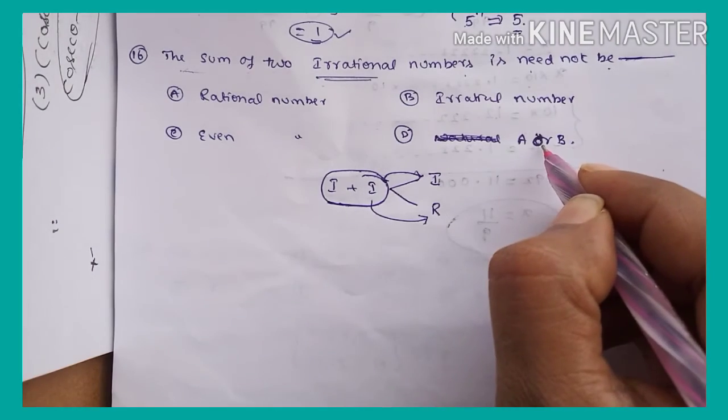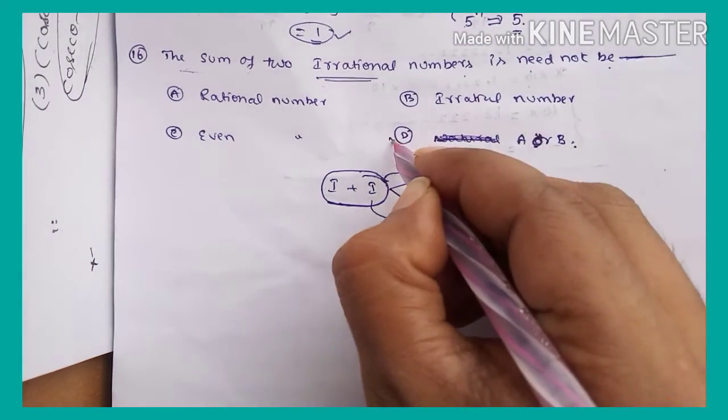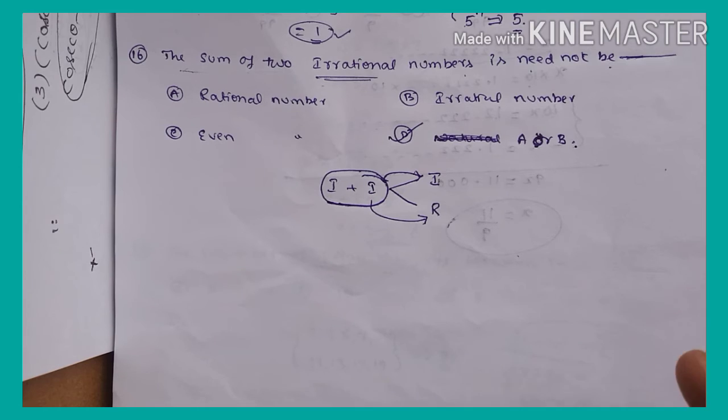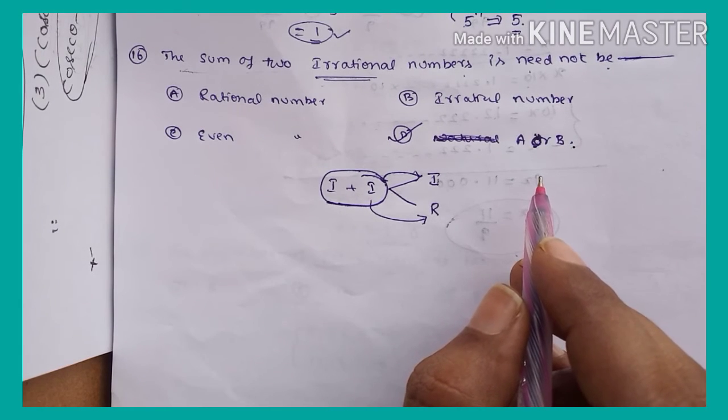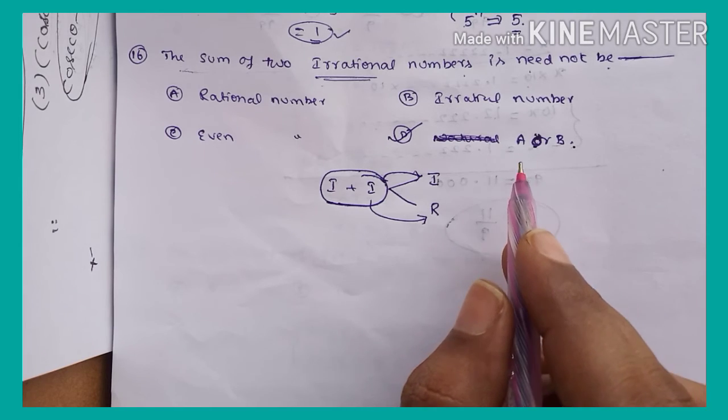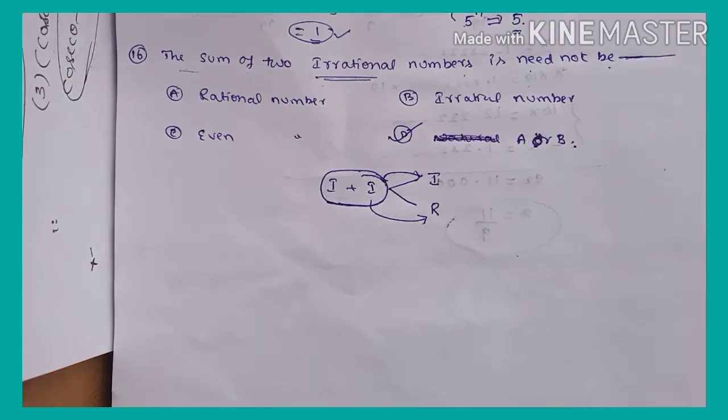Maybe either A or B. Sometimes it happens as A, sometimes as B. Maybe rational or irrational, depending on the values you take.